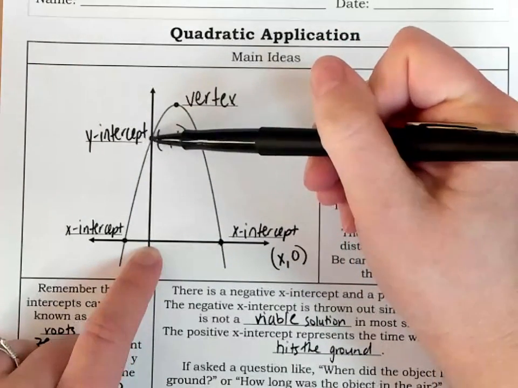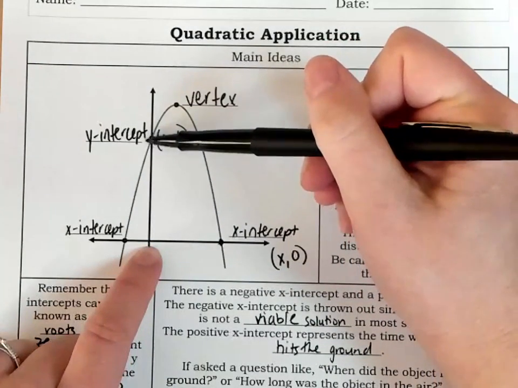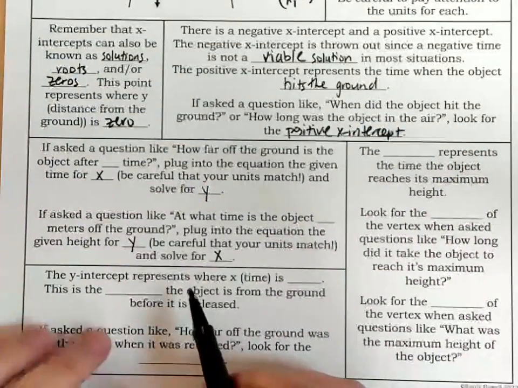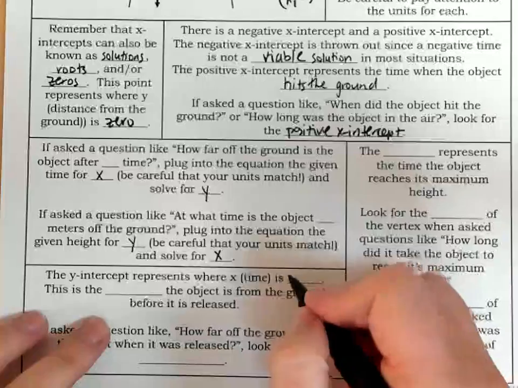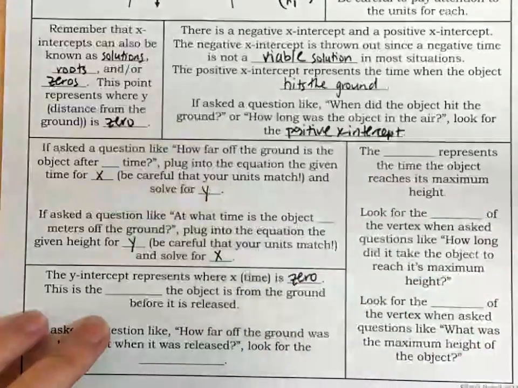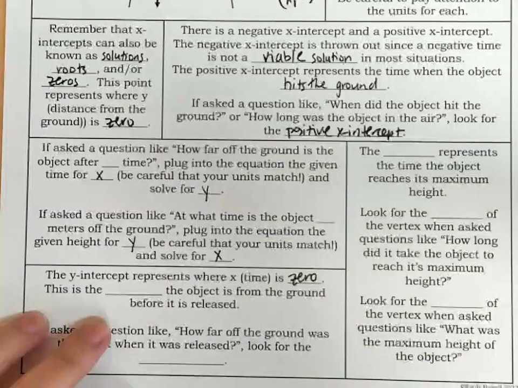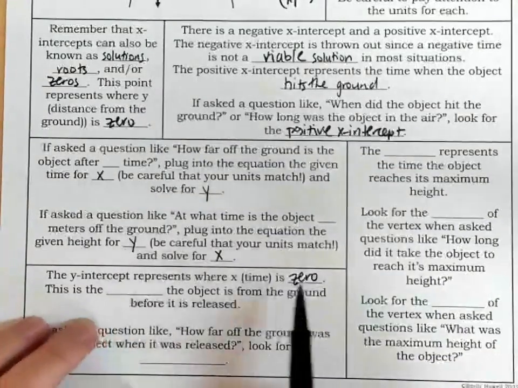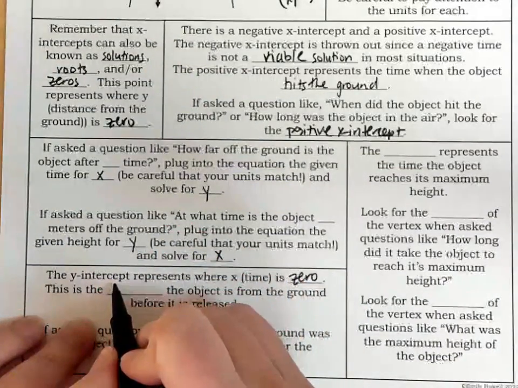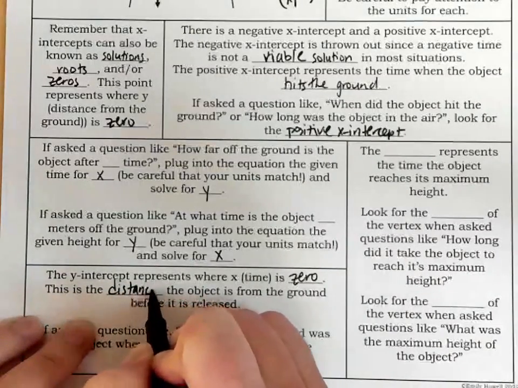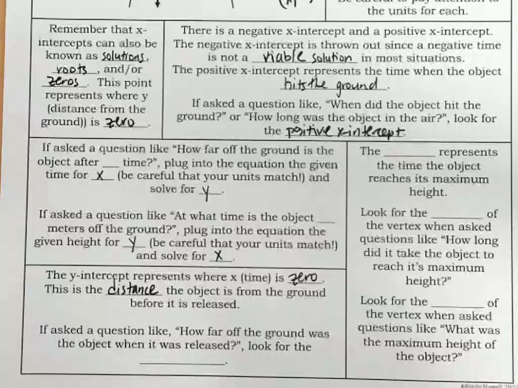It has a height that it starts at, and that's what we're asking for when we're looking for a y-intercept. So the y-intercept represents where time is 0. Where are we at our starting point, our initial time before anything happens? Where is this item located? This is the distance the object is from the ground before it is released.